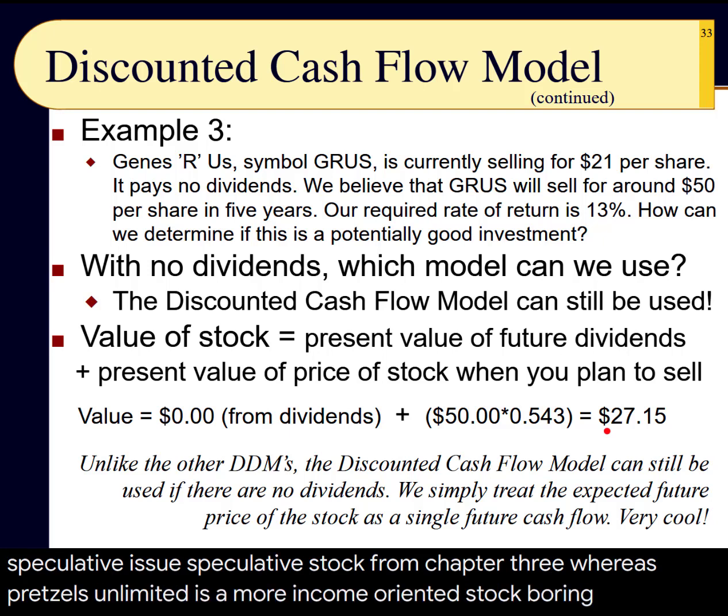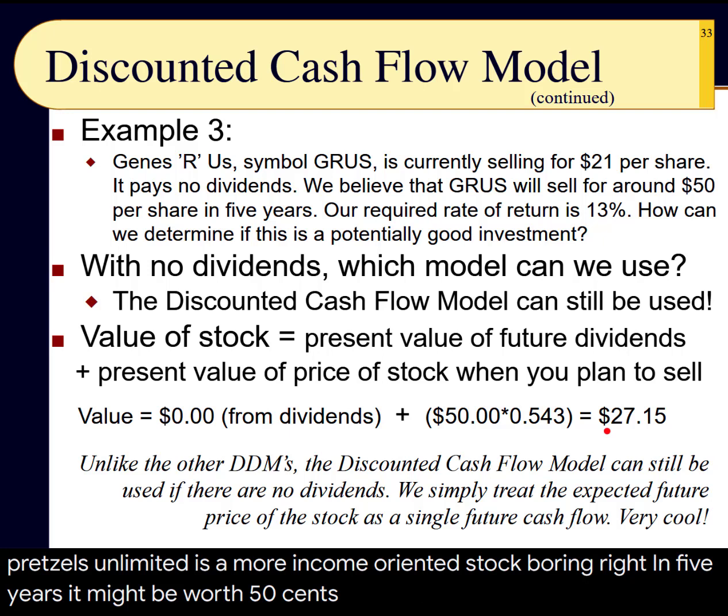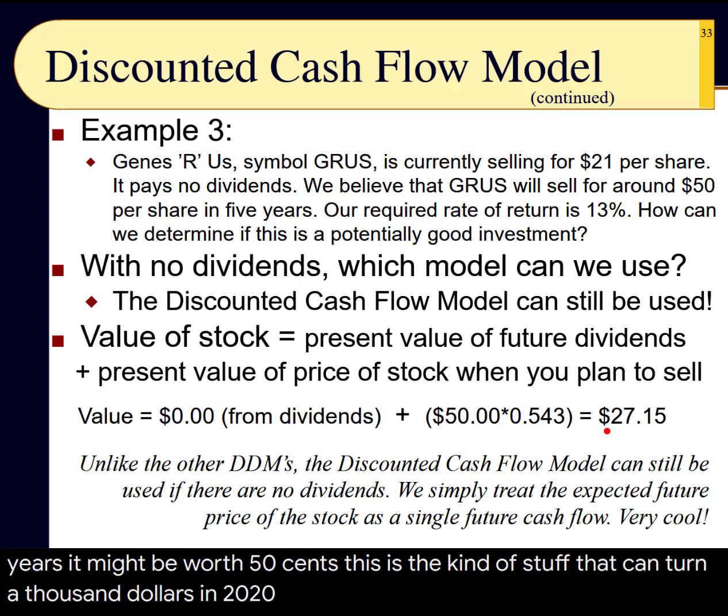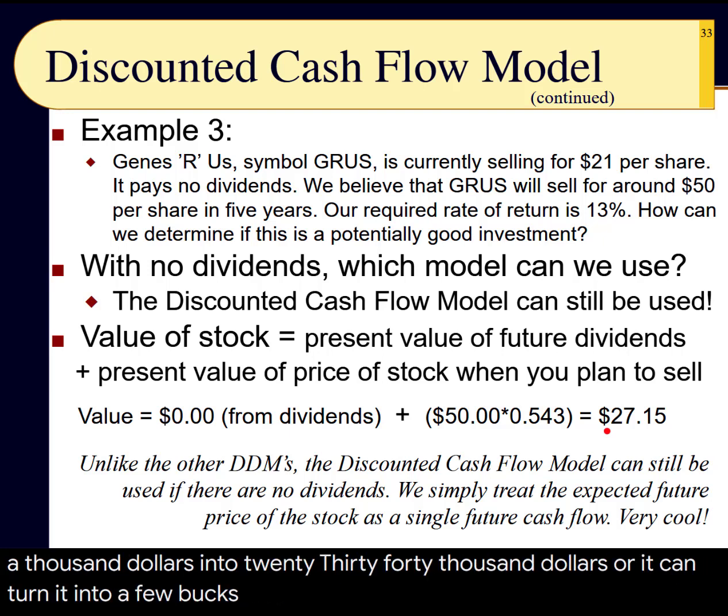Boring. Right. This stock might be worth $50 in 5 years. It might be worth 50 cents. This is the kind of stock that can turn $1,000 into $20, $30, $40,000, or it can turn it into a few bucks. And so now you see how incredibly powerful you are now.